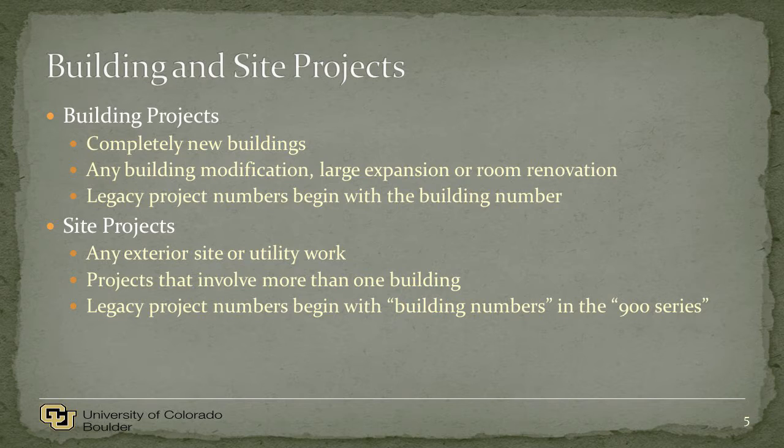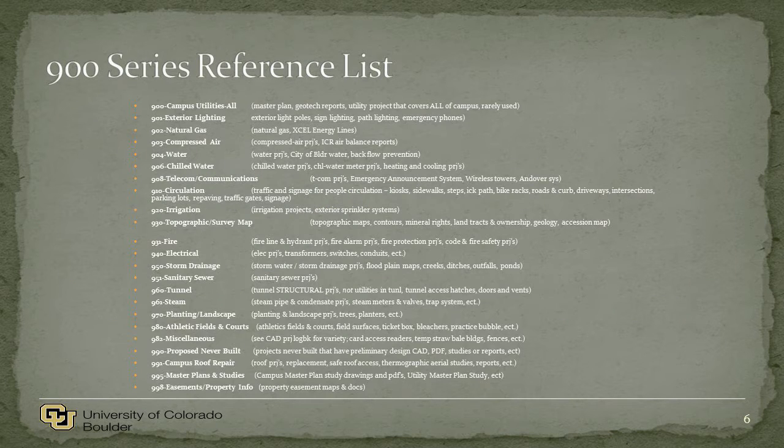Projects that involve more than one building, like a sewer project that goes from building to building on down the road, end up in our site category. But our legacy projects began with building numbers. Way back, the CAD office picked the 900 series of numbers, since we had up to 700s and 800s already.